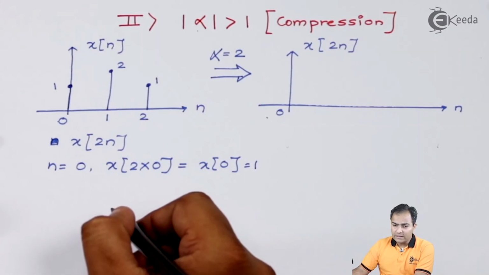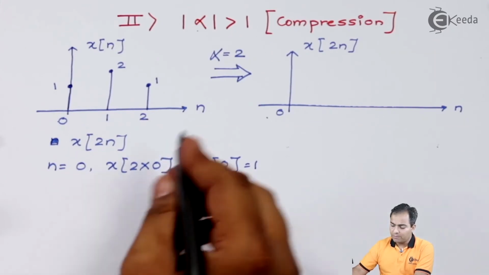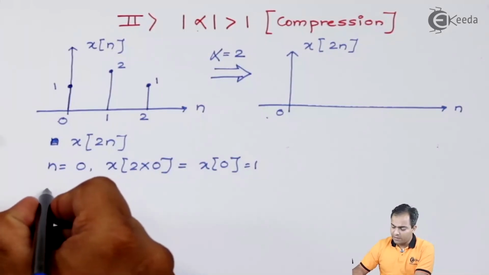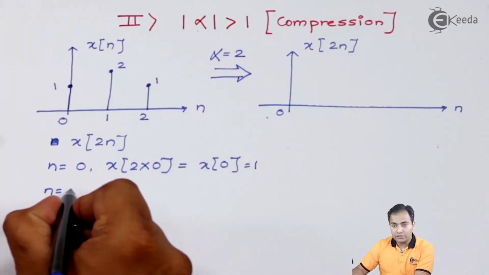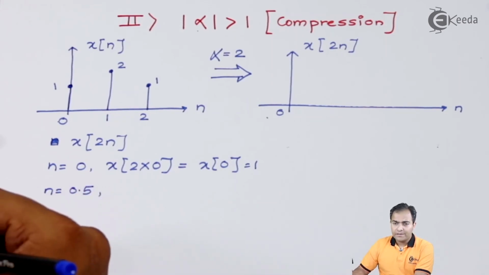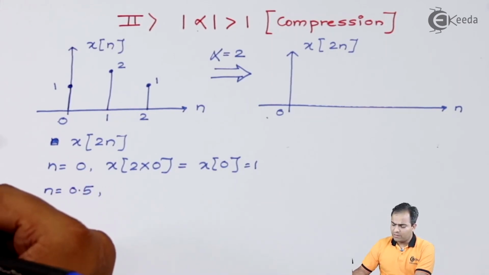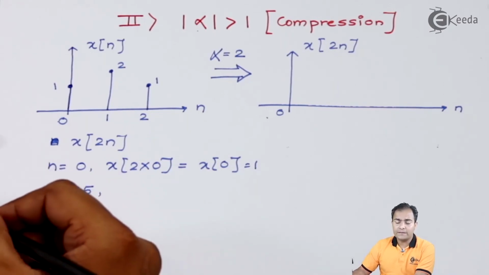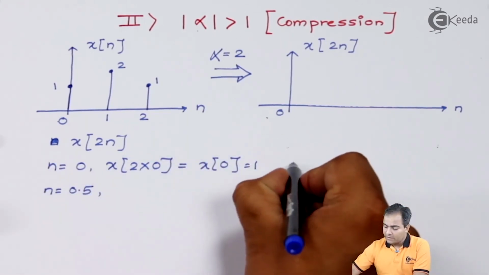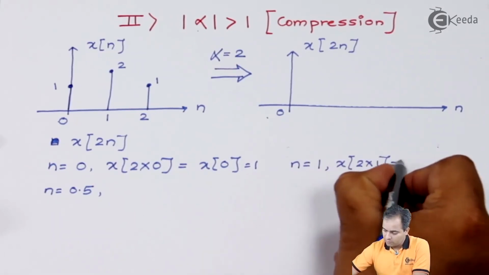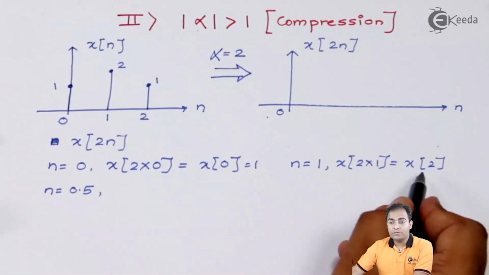Now, in this discrete case, while performing compression, we have to substitute n values, but in fraction also, for 0.5. If we did not substitute 0.5 value, then what will happen? So let's say if I choose n equals to 1, then you will get x of 2.